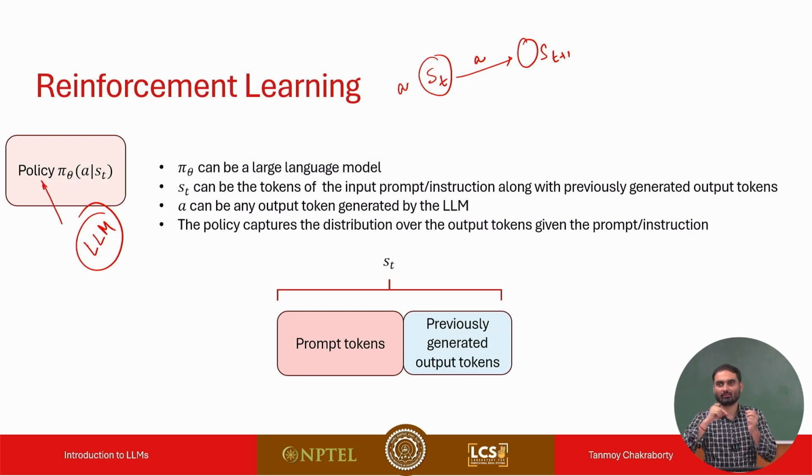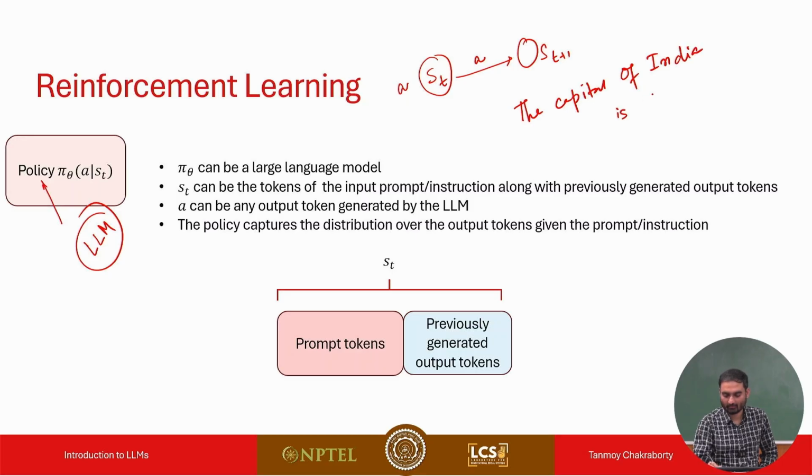So let's say you have an action, and the action is to choose the next word. Let me write: the capital of India is Delhi, right? So you have a prompt that is given as input to the model.